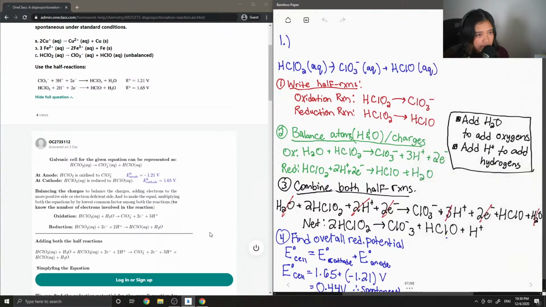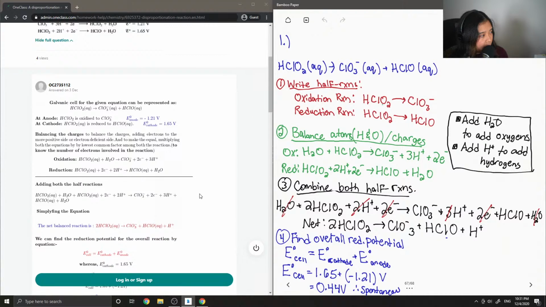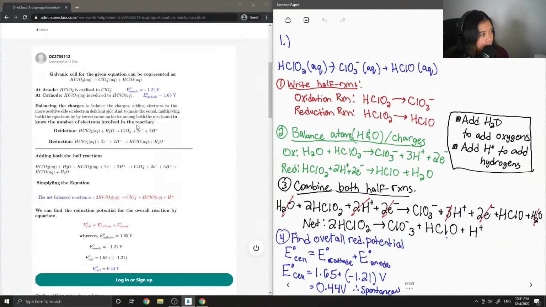I'll start from page 1. So they showed that at the anode, the chlorous acid is oxidized to chlorate, and at the cathode, the chlorous acid is reduced to hypochlorous acid.